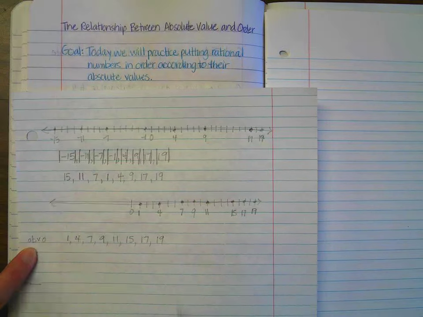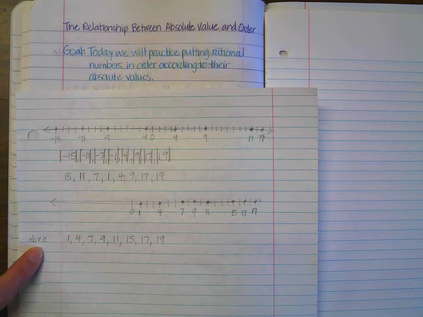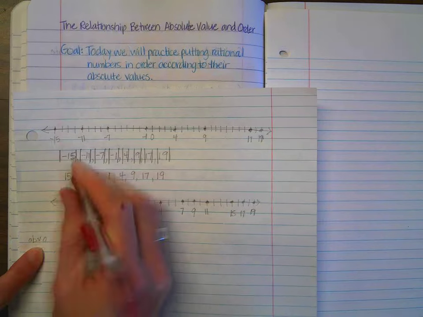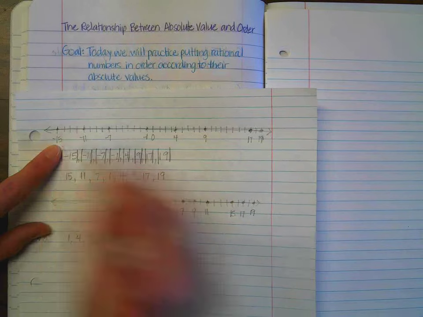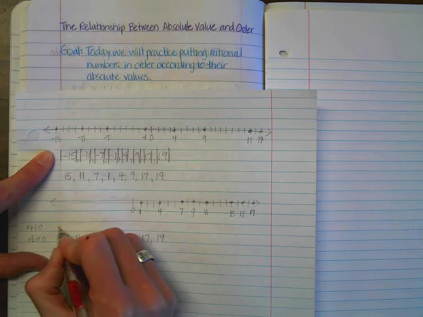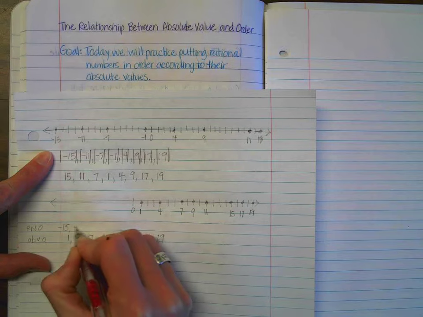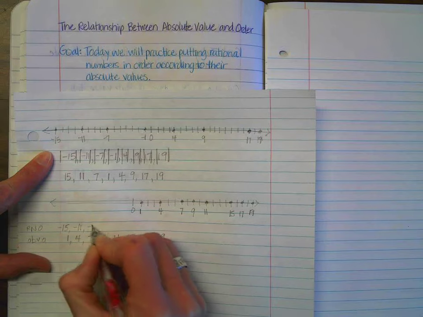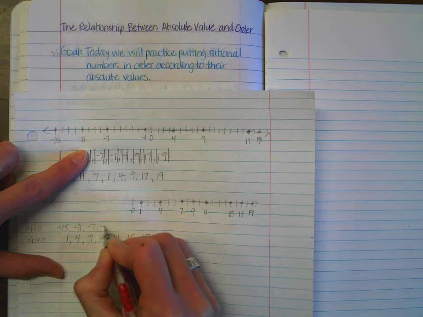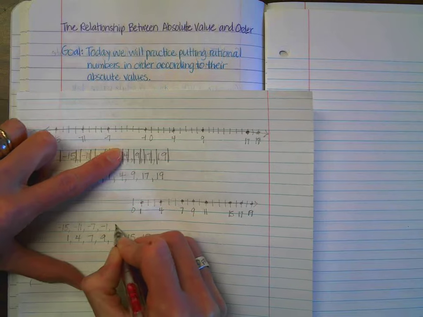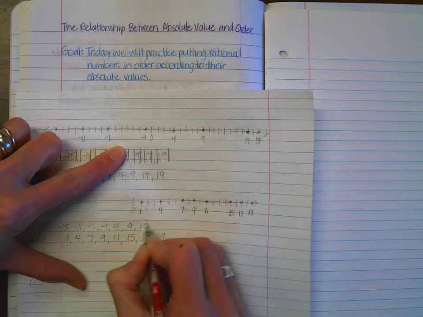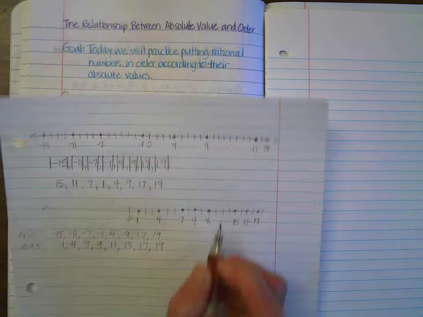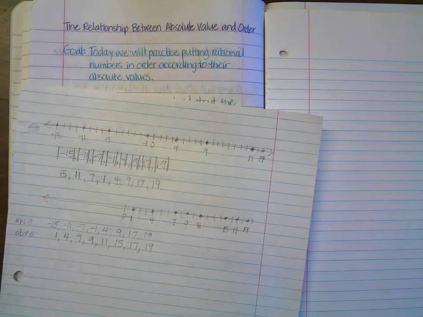So I'm going to put ABVO, absolute value order. I'm going to put the rational number order, which was what we had originally, above it. So we have negative 15, negative 11, negative 7, negative 1, 4, 9, 17, and 19.